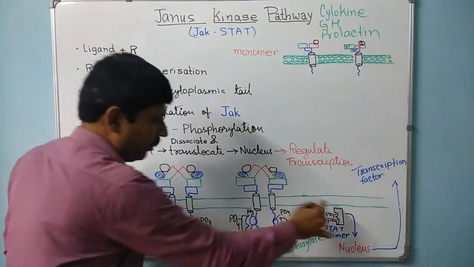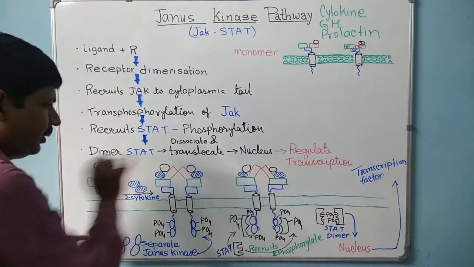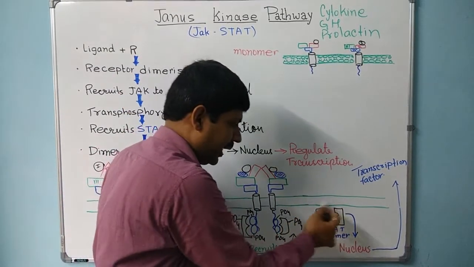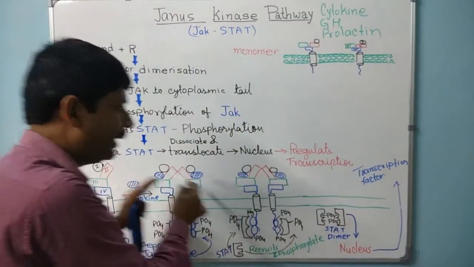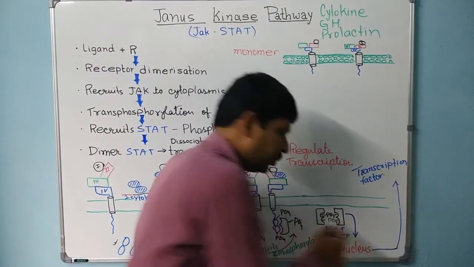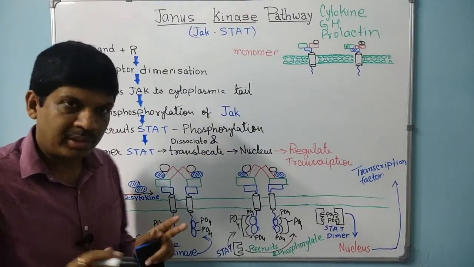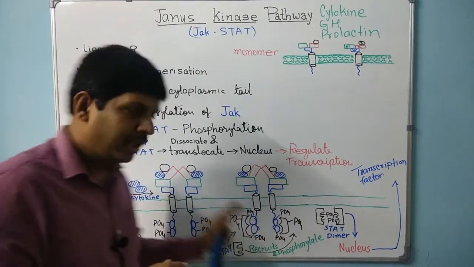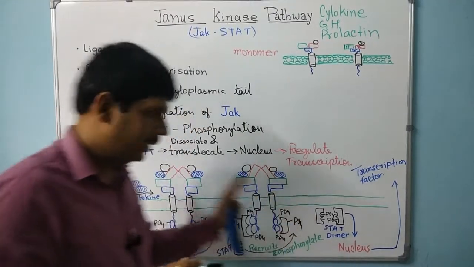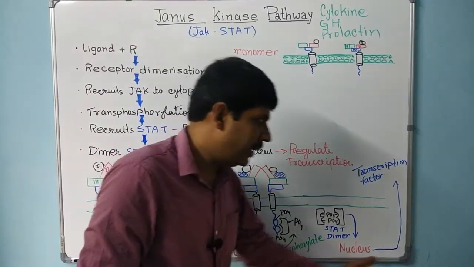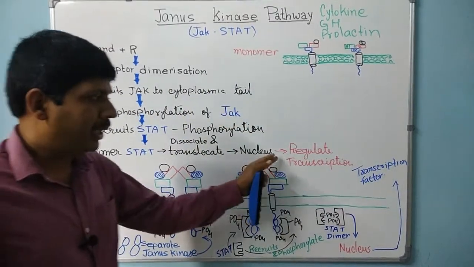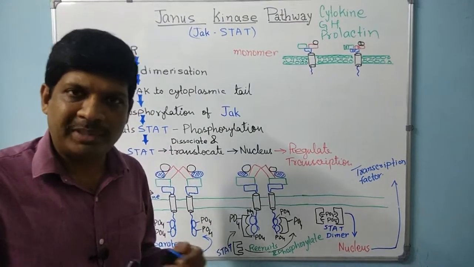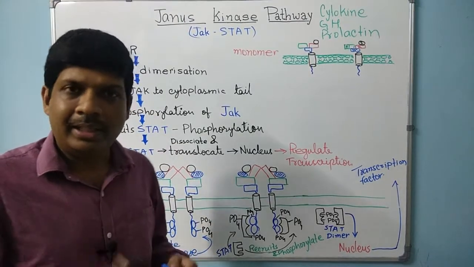In that way, the STAT dimer is formed, and then it dissociates and translocates to the nucleus. So clear? We'll see again here. There will be formation of the dimer, and then it translocates to the nucleus, and there would be regulation of transcription, which will cause the formation of the specific protein, and then the action would be given.